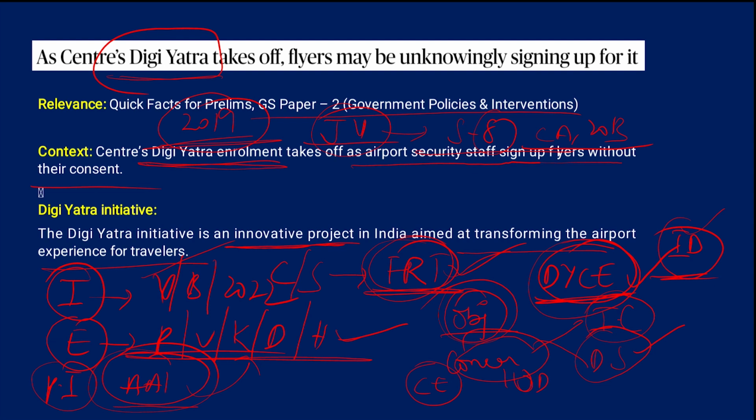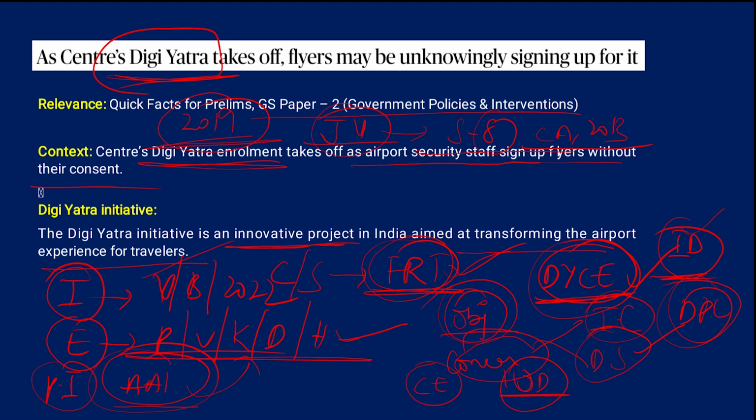For the data collected from every flyer or passenger, there is uncertainty about how the data might be used, or whether it might also be monetized. We do not know. The rules with respect to data usage are very unclear and vague. And finally, data protection legislation has to be brought in. There is a lack of data protection legislation. These are the various concerns.